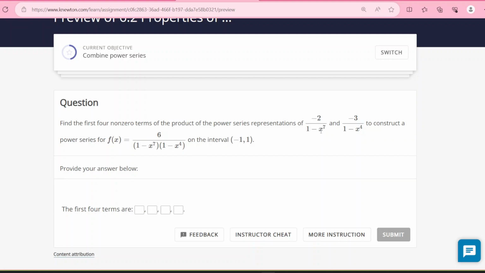So negative 2 over 1 minus x to the 7th multiplied by negative 3 over 1 minus x to the 4th would be positive 6 over 1 minus x to the 7th times 1 minus x to the 4th. And they're already giving us the interval of convergence for these series, negative 1 to 1. We're just asked to find the first four non-zero terms of their product.